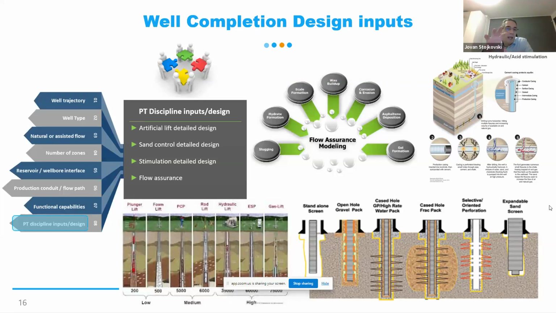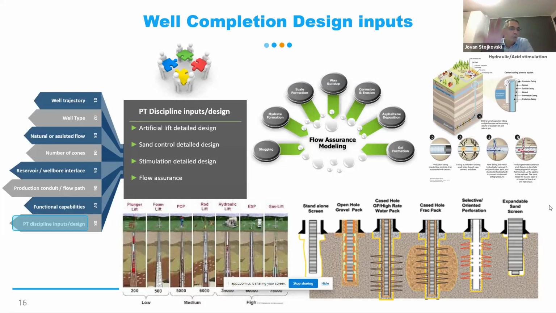A very interesting interaction, I would say, is this one with the production technology engineers, like stimulation engineers, sand control, artificial lift, flow assurance. You need input from all of them if you need to take some actions.